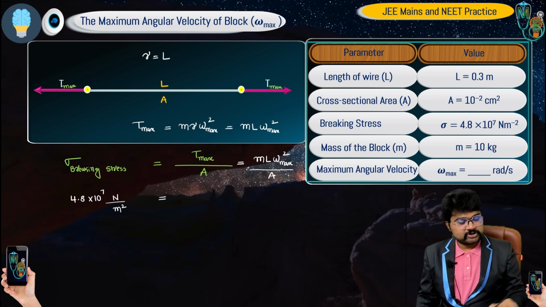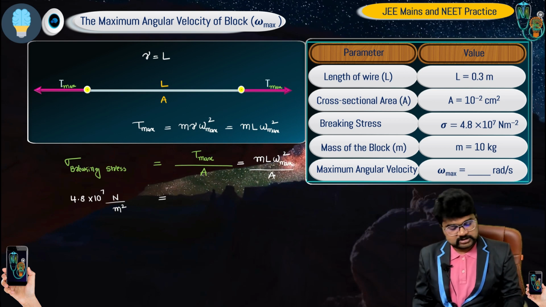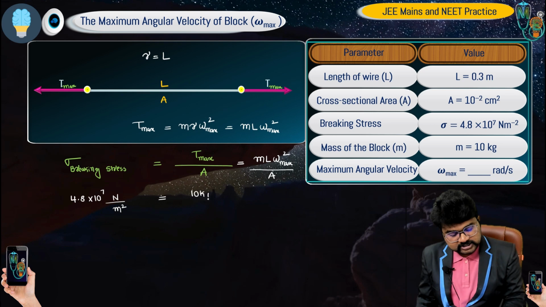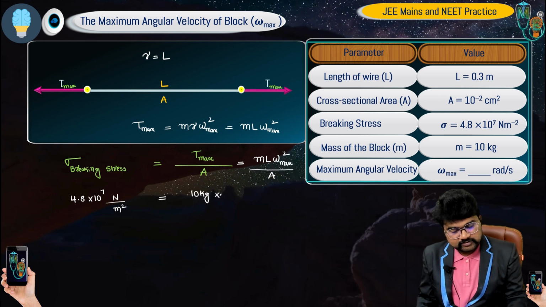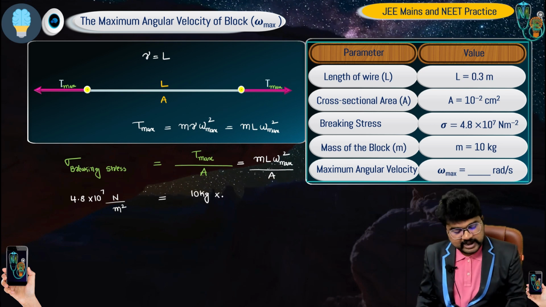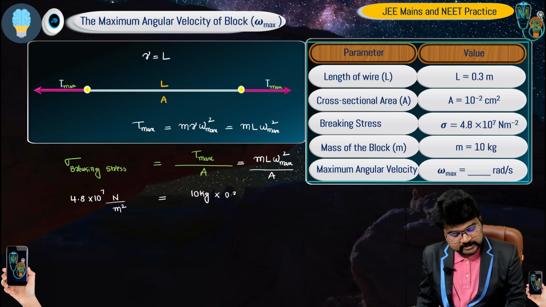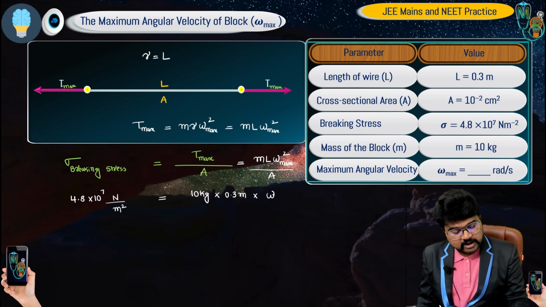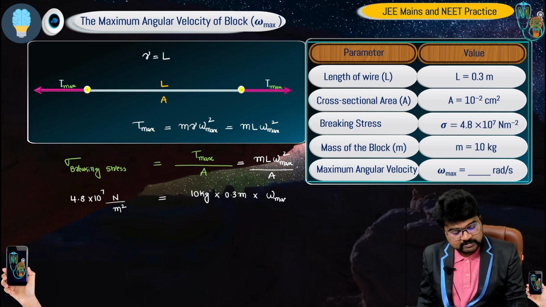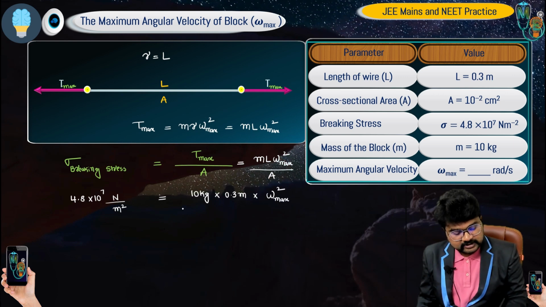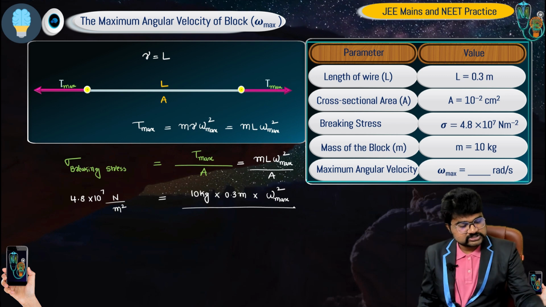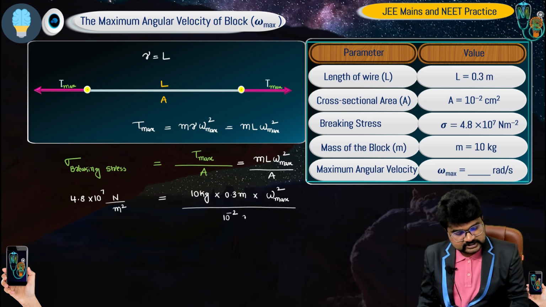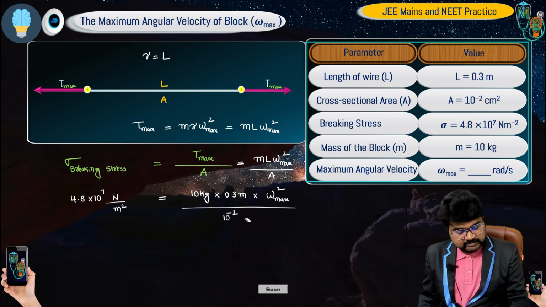We can substitute the mass of the block, which is 10 kg. M is the mass of the block. L is the length of the wire, 0.3 meter. They are asking omega maximum, the angular velocity, divided by area of cross section, 10 power minus 2 centimeter square.